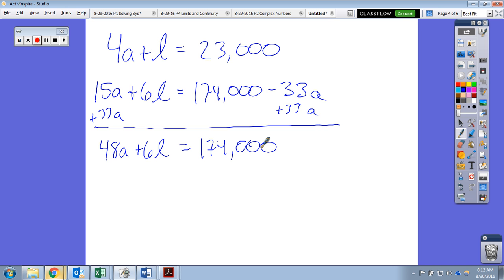This probably looks like it could definitely be, these both have 6 as a common factor. 174,000, 7 plus 4 is 11, plus 1 is 12. This is divisible by 3 and 2, therefore it is a multiple of 6. Someone with a calculator, please help me out. If I divide this whole thing by 6, what do I get? Yep.